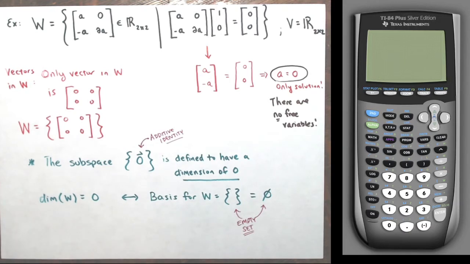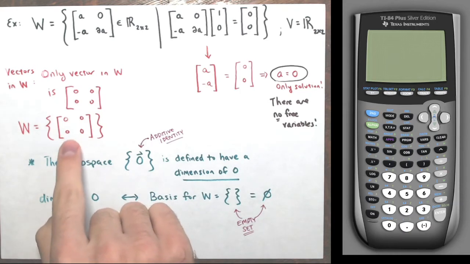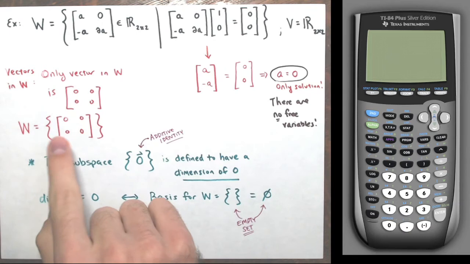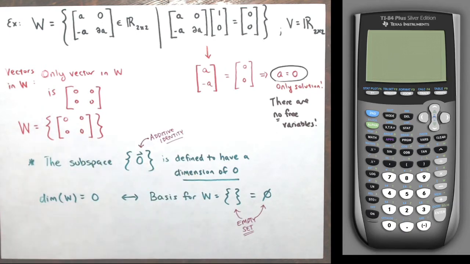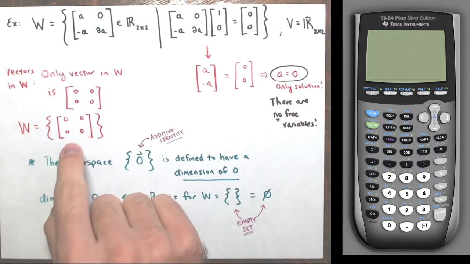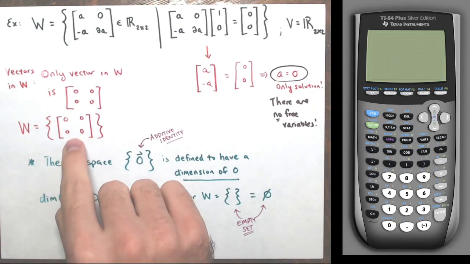And you might be thinking, hey, wait a minute. What about the set with the zero matrix? Isn't that a basis? This would not be a basis. Remember, sure, it spans W. Fine, because any scalar multiple of this vector is still this vector, so it's closed under scalar multiplication. It's non-empty. But is it independent?